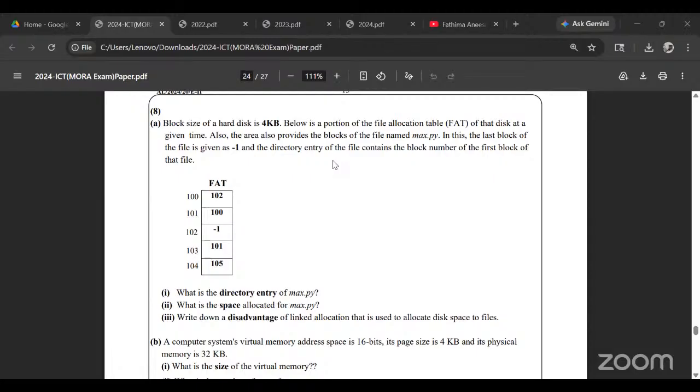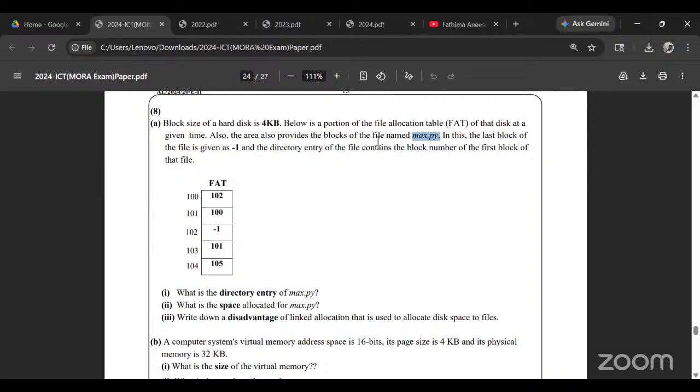So what does a directory entry contain? It consists of the file name, for example over here it is max.py, and the starting block number, which means the address of the first data block on the disk. It contains the file size, the total space the file occupies in bytes, and attributes like read only, hidden, or system file status.